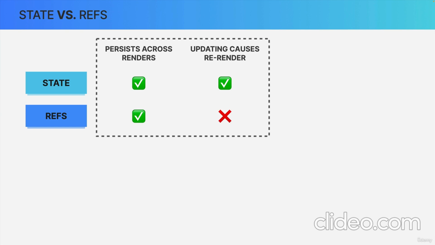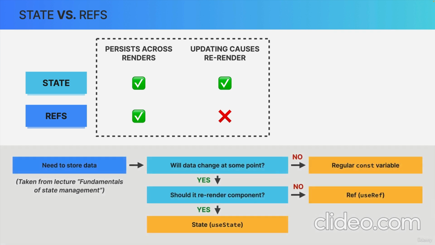So the big takeaway from this is that we use state when we want to store data that should re-render the component, and refs for data that should only be remembered by the component over time, but never re-render it. And this is basically also what we already learned back in the lecture on the fundamentals of state management. So remember that this diagram is taken from that lecture.